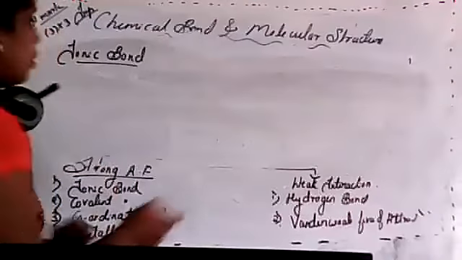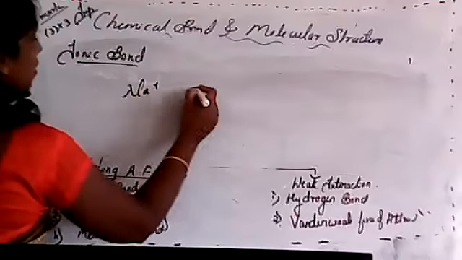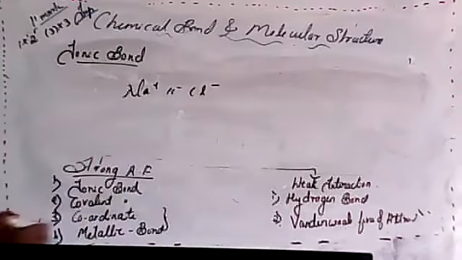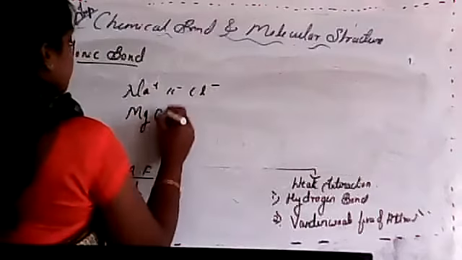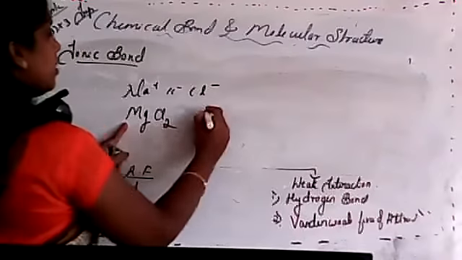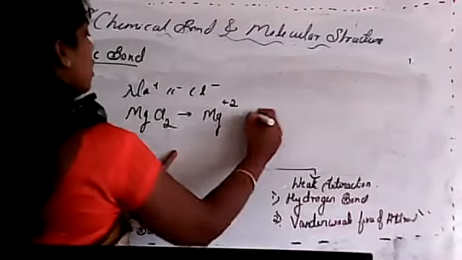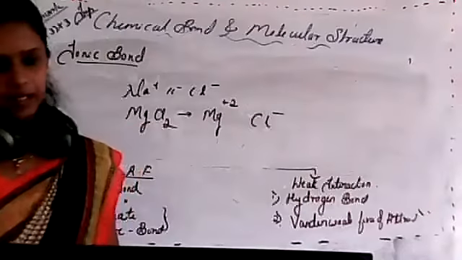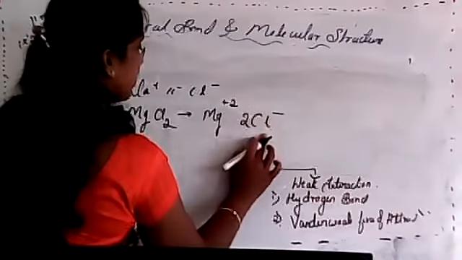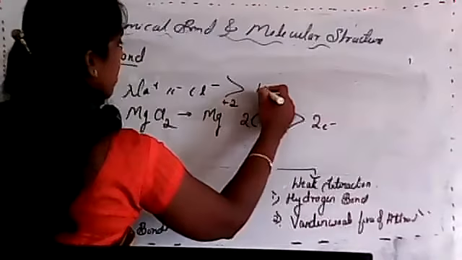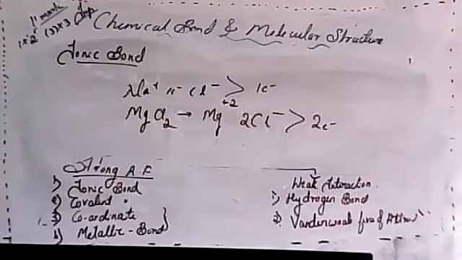If I consider Na+ and Cl-, only one electron is transferred. In case of MgCl2, Mg is in the form of +2 and Cl is in the form of -1, but there will be two Cl- ions, so transfer of two electrons will take place.